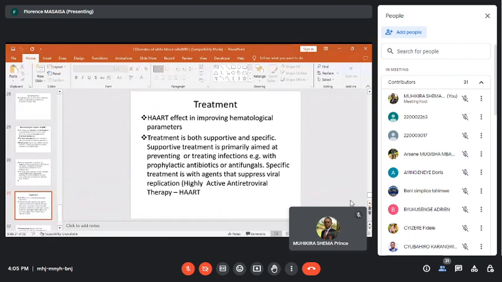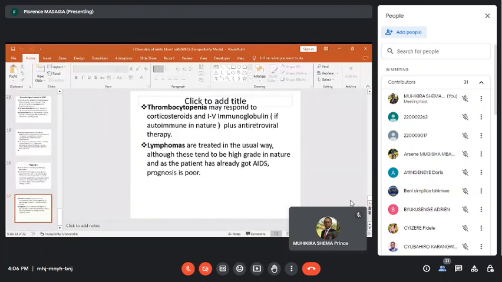The treatment of that is usually supportive, and it aims at preventing and treating the opportunistic infections and some viral infections. So treating with antiretroviral treatment supports the condition.